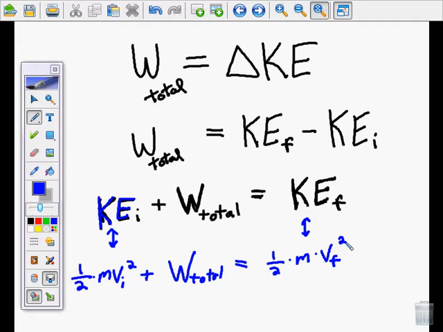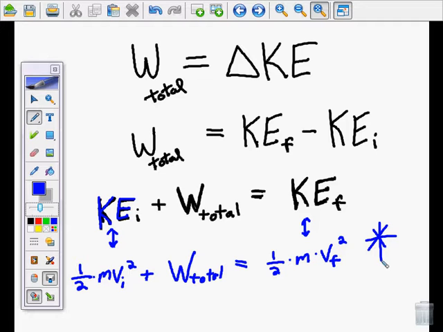So this is another look at the work energy formula, but with the kinetic energies expanded out into 1/2 mv squared. And you could use this formula to solve for final velocities sometimes.